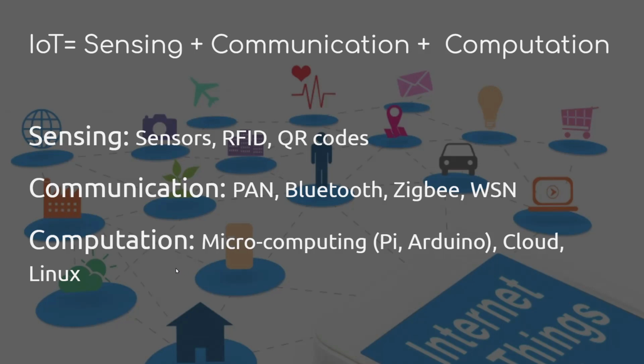Then we need something called computation. There is something called edge computing, in the sense that most of the data need not be sent to the server. I'll give you a small example. In your phone you have something called an accelerometer. There are more than 30 to 35 sensors in your phone right now. Even if you are just holding it, it will generate a lot of data.